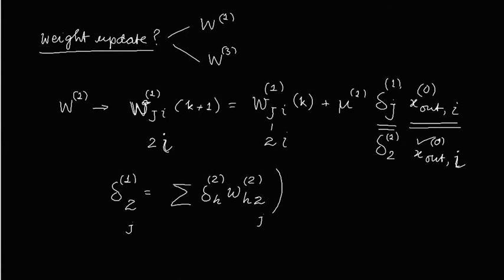Then this summation will be over the number of hidden neurons in this layer, H equal to 1 to N2.